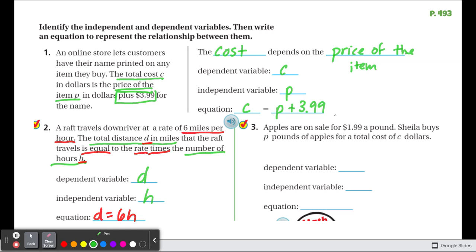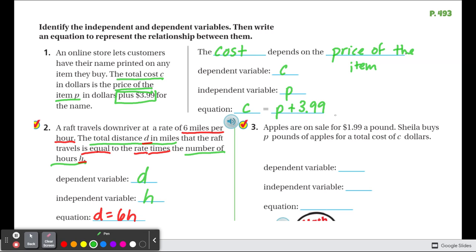So number 3, apples are on sale for $1.99 a pound. Sheila buys P pounds of apples for a total cost of C. All right, so we're going to try and figure out which one is the independent and which one is the dependent variable.